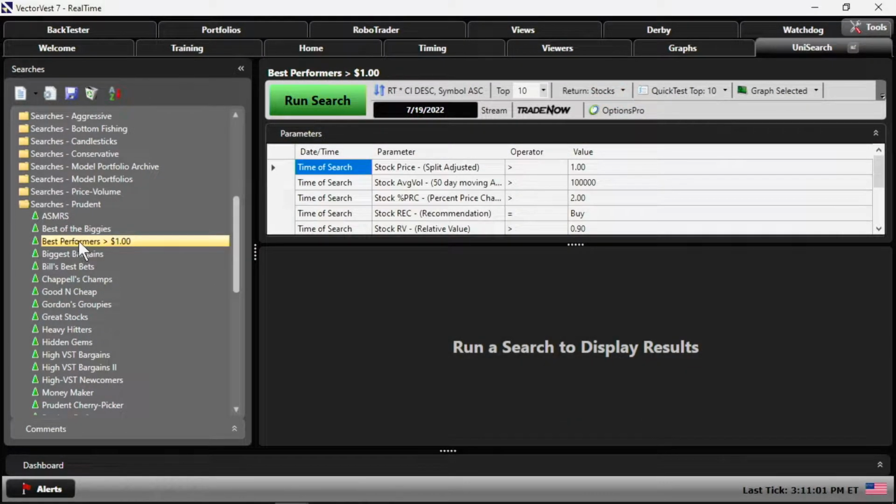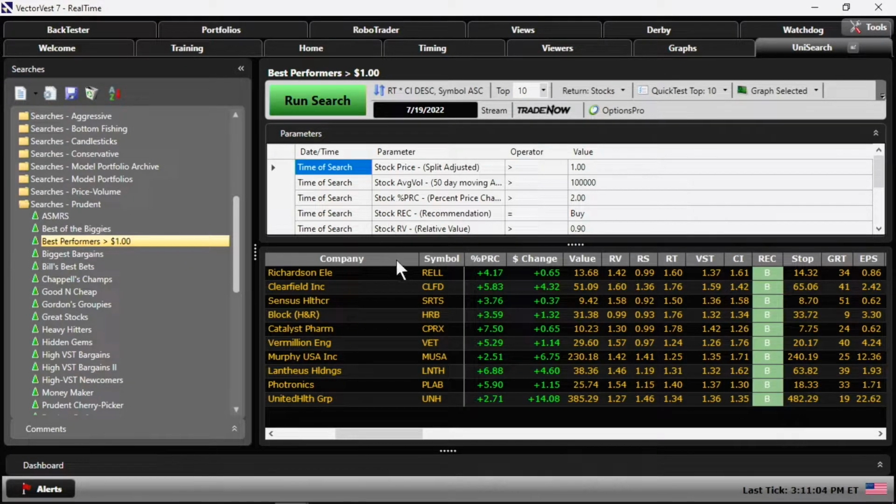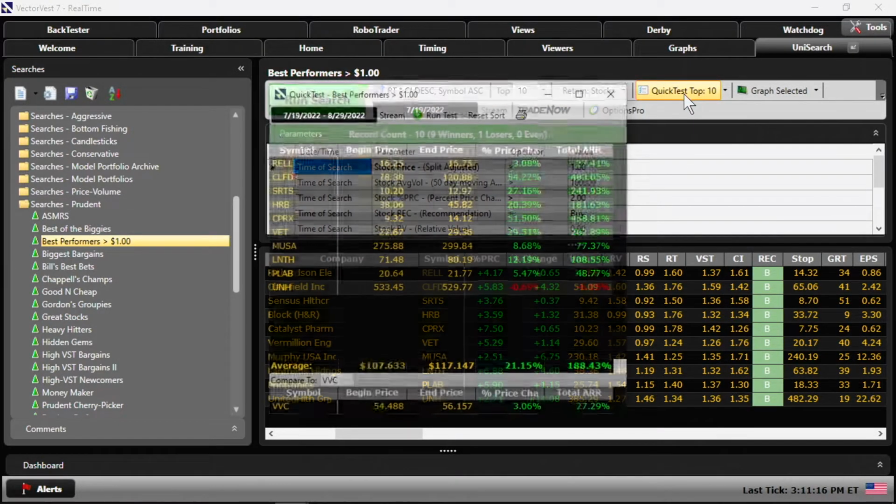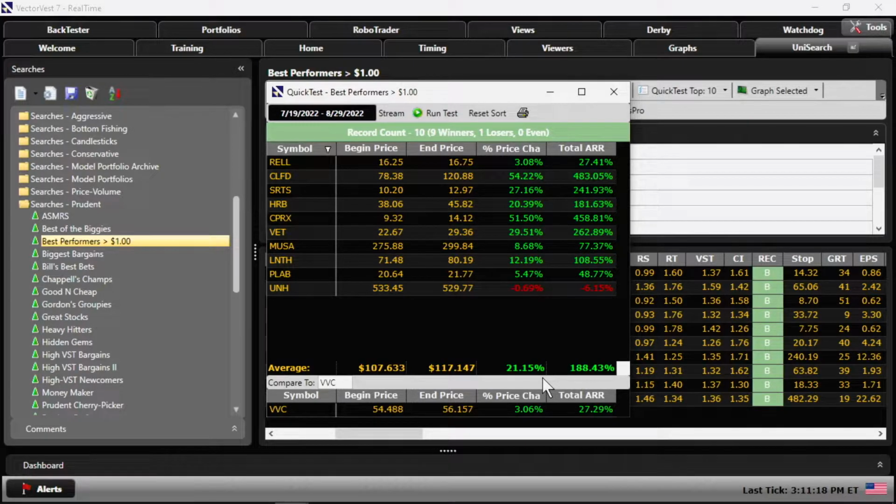Watch this one. So this is best performers greater than $1. Not as familiar with the stocks. Watch what happens. This is what's great about VectorVest, okay? I love the sort on this one. We'll talk about it here in a second. But when we run the search, quick test them, these stocks went up how much? I can't read it, Todd. 21%. 21. Thank you, buddy. How many winners did we have?